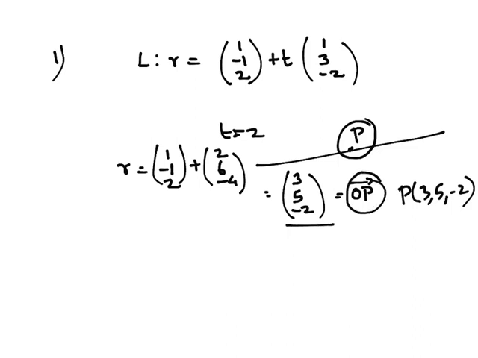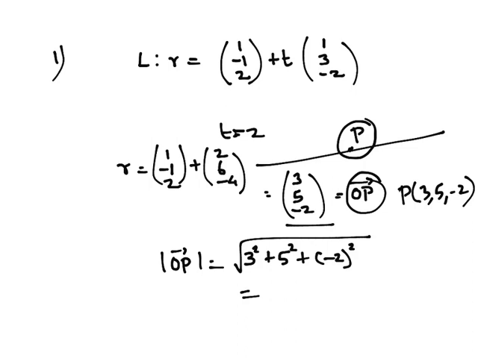And the next one is find the magnitude of OP, which is very simple. 3 square plus 5 square plus minus 2 square, which is nothing but 9 plus 25 plus 4, so square root of 38, which is approximately 6.16. So that is the answer. Fine. So let us go to the second problem.